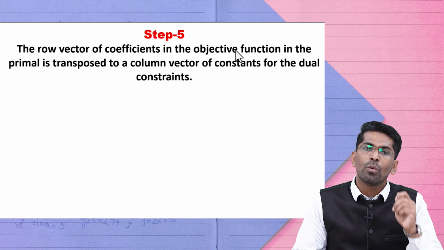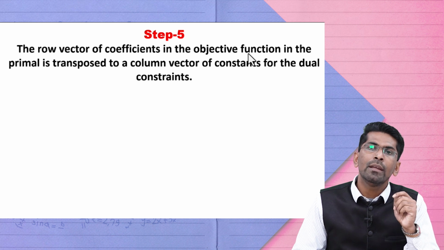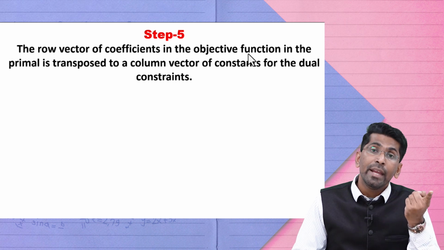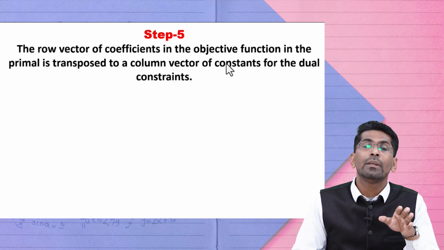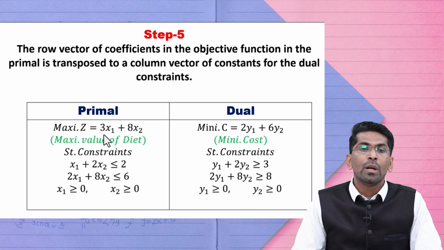So here the coefficients of the objective function, which earlier was the profit maximization problem, will now become the column vector of constants for the dual constraints. See, what was the row vector of coefficients of the objective function? This coefficient is 3 and 8. Now this 3 and 8 will be transposed to the column vector of the constants for the dual.